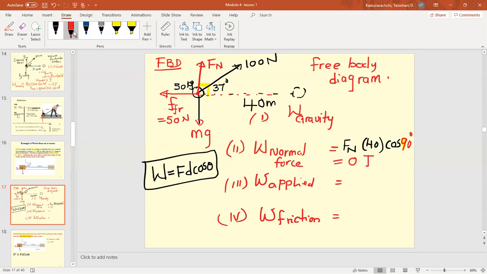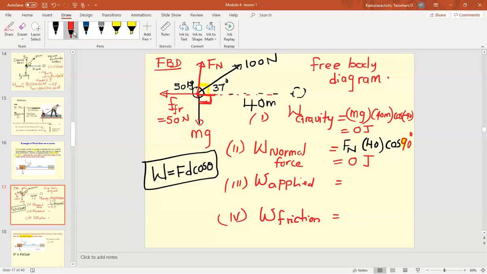Therefore, the normal force is not doing any work. How about gravity? Gravitational force mg, displacement 40 meters, again cosine 90, because here the gravitational force and the displacement are perpendicular. In this case, this is also 0.